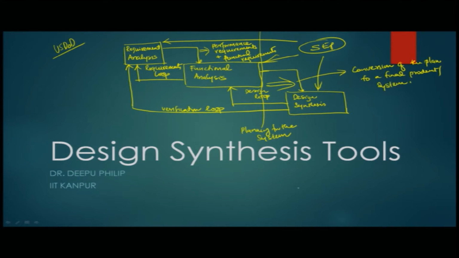So now we were seeing different aspects of design synthesis, and today we are going to see certain tools that are used in design synthesis. There are a lot of tools that are used in design synthesis, but for the purpose of this course, we will be looking at a few of them.